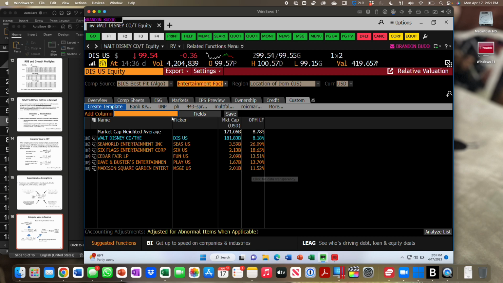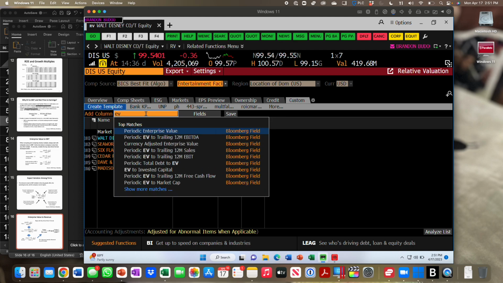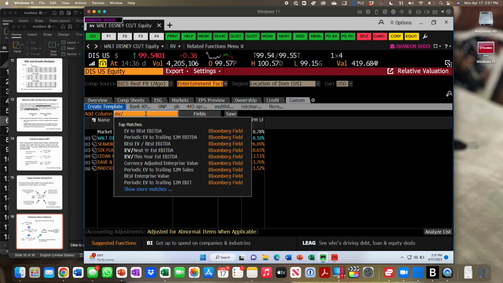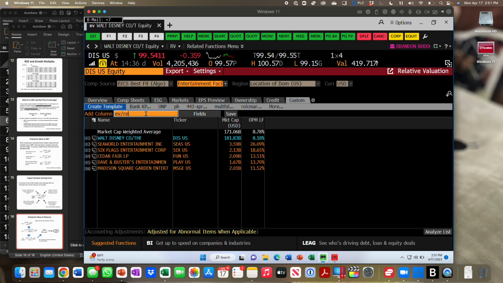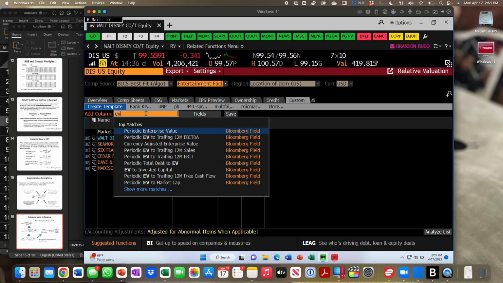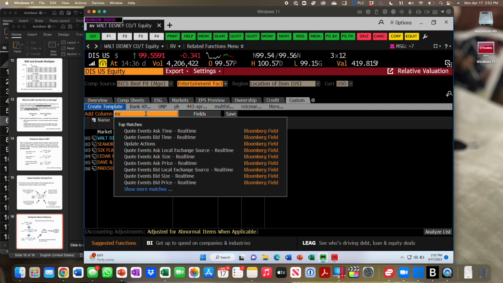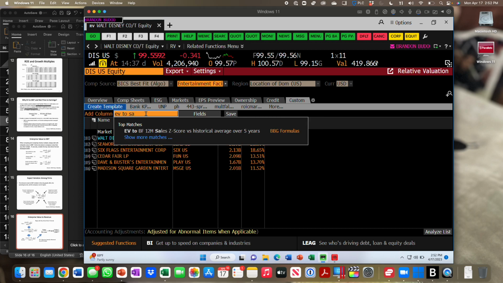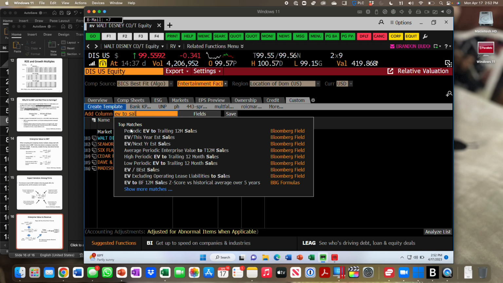I can tell you the EV to sales multiples, EV divided by sales, or EV to revenue. There you go.